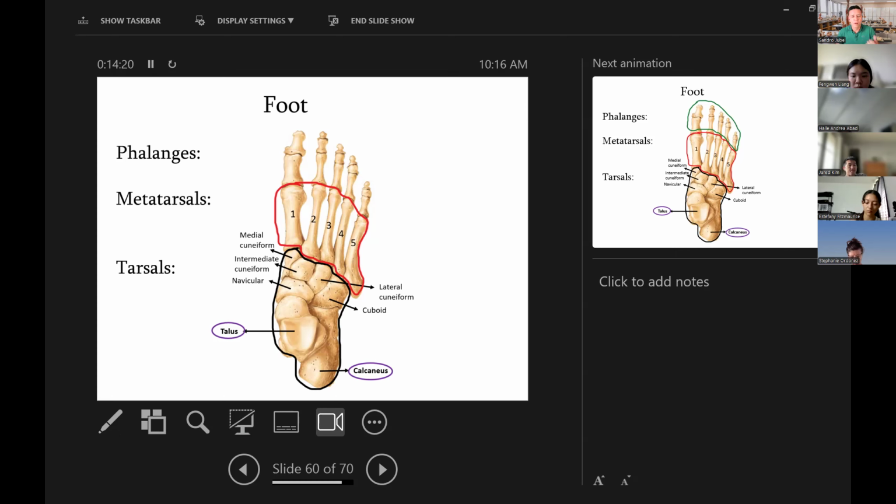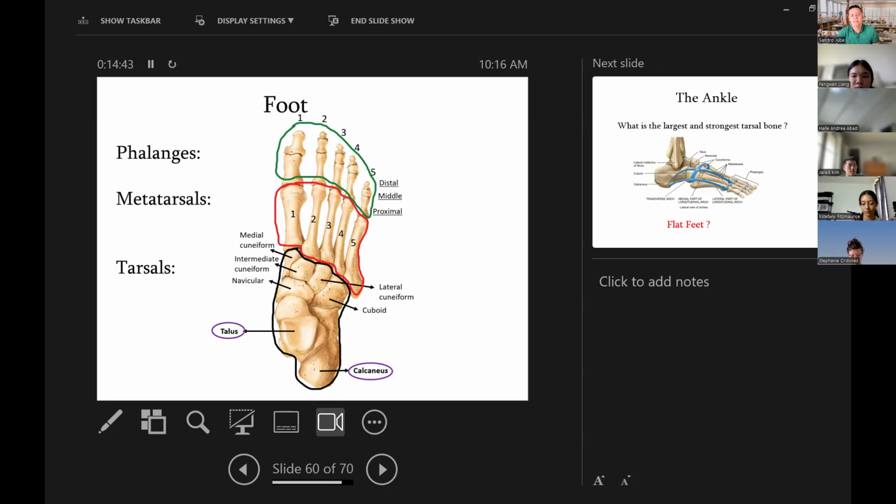So we have the number 1, which is the big toe, all the way through number 5, and they're also divided into smaller bones. The big toe only has a proximal and distal, but the other four have a proximal, middle, and distal bone. Okay, and they are named exactly the same way as the phalanges of the hands.